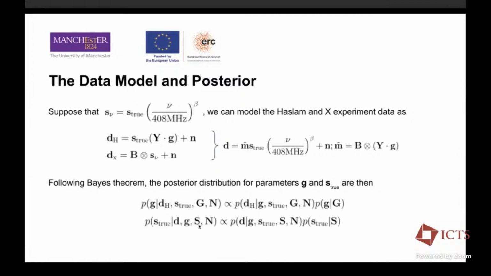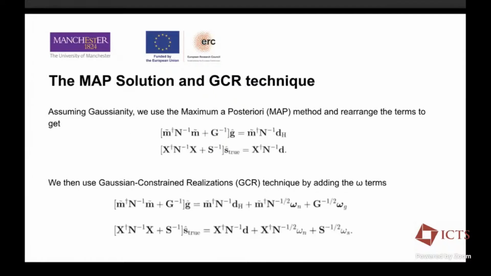I'll do this very quickly, but we also assume Gaussianity, so they follow a Gaussian distribution. We then use the maximum a posteriori method. We take the derivative of the equation and set it equal to 0. We can then rearrange the terms, and we get this solution.